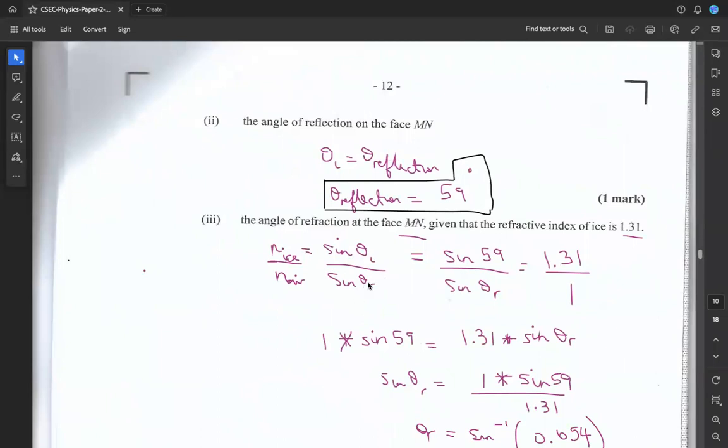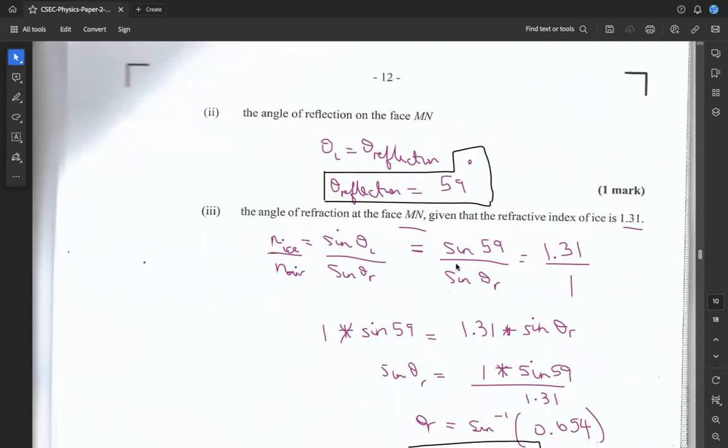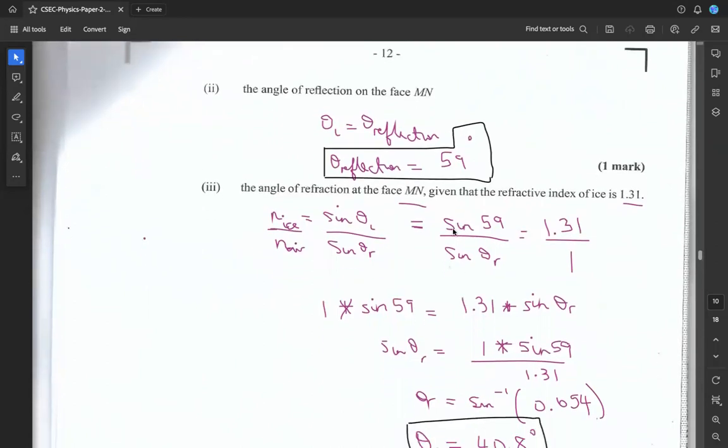We're going into ice, which is our second medium, and our first medium is air, so we write the ratio of the refractive indices this way. Because we're trying to find theta R, the angle of refraction, we rearrange everything to make theta R the subject. Here I've plugged in the values we know, for theta I that we calculated, which is 59.